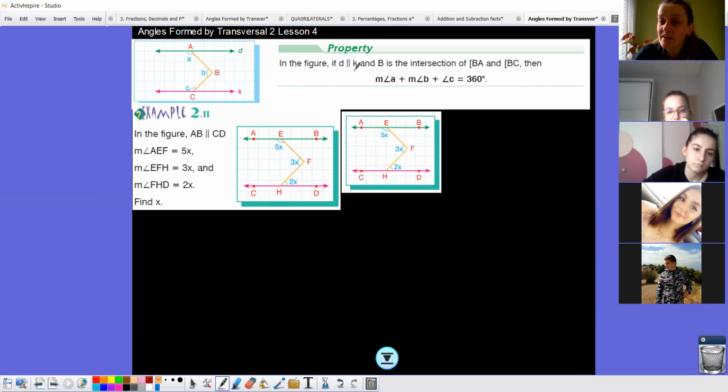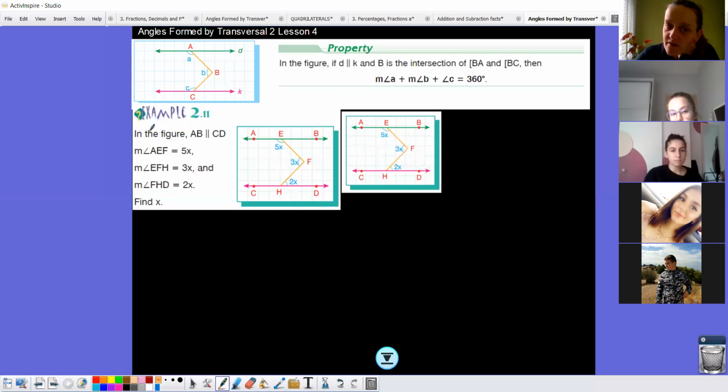It's a property if D and K, the lines here, are parallel. The angles are all on the same side, so their sum will be 360 degrees.